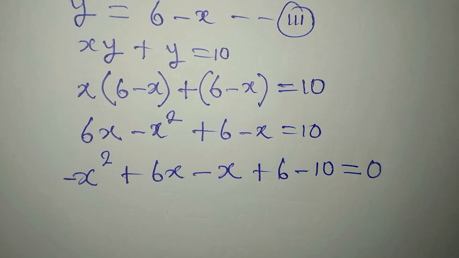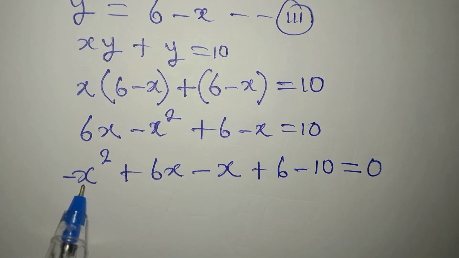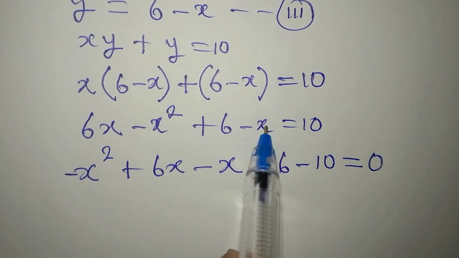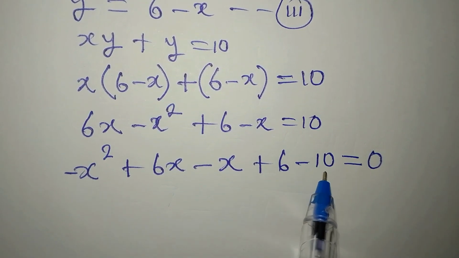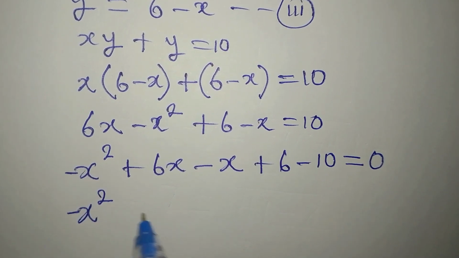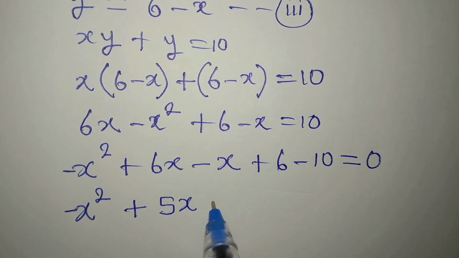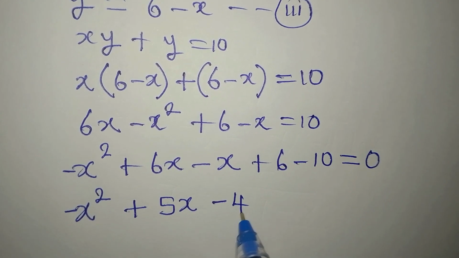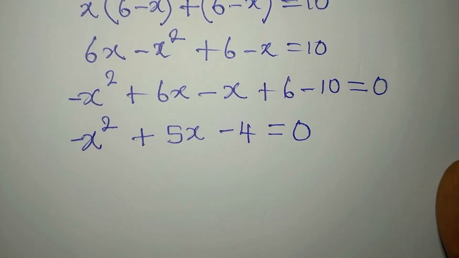Let me trace this again. Minus x squared will come here. Then this is here. This is here. This is here. This becomes negative on the left. So we have minus x squared plus 5x minus 4 equals 0. So this is what we have.